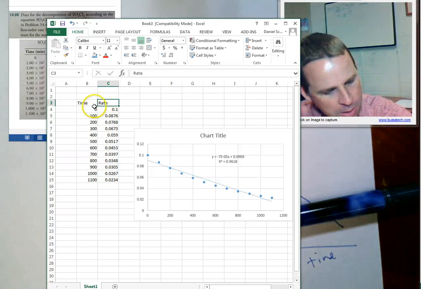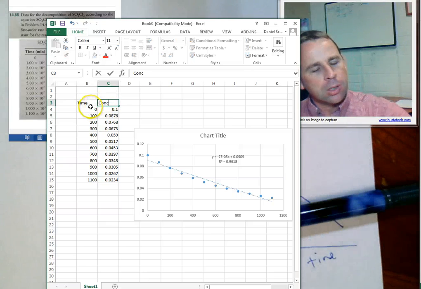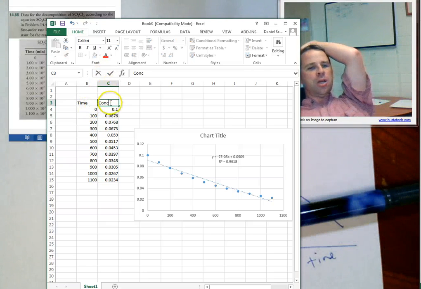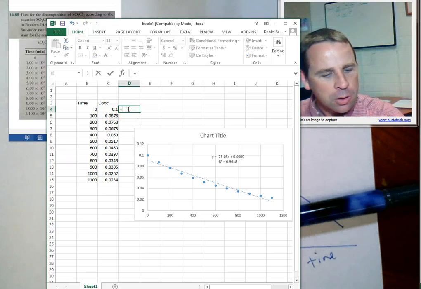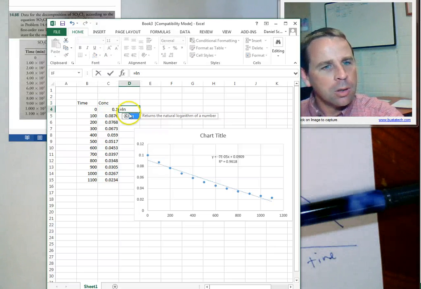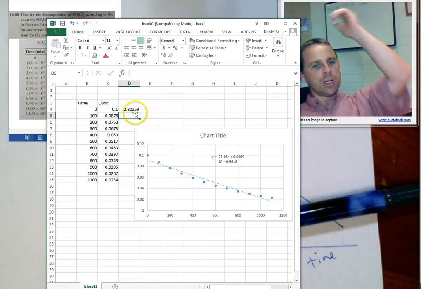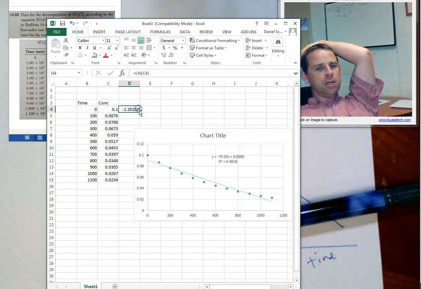This isn't rate. This is concentration. There we go. All right. So now I'm going to change all of these concentrations to the natural log of this value there. So that's how I do that. And then I can just drag this down. There we go.